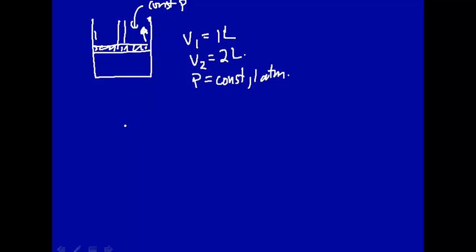All right, let's go ahead and use our definition of how to calculate work done, minus the integral of PdV. Now pressure is a constant, so that means we can pull out the pressure: minus P, the integral of dV, and we'll again make it definite from V1 to V2.